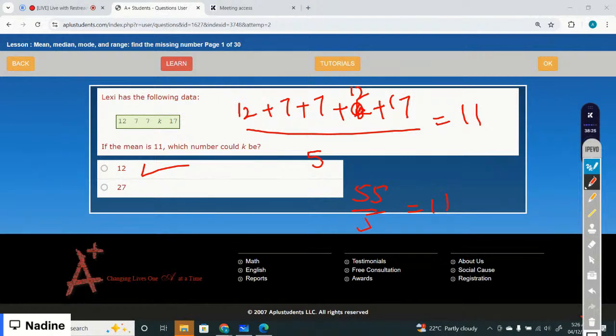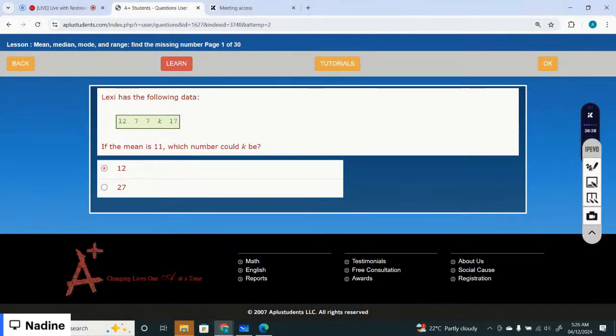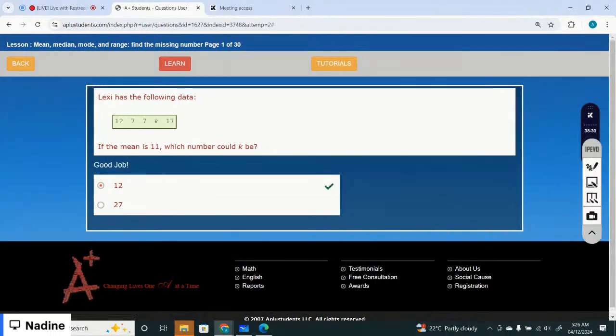The correct option is option number 1. The K is 12.